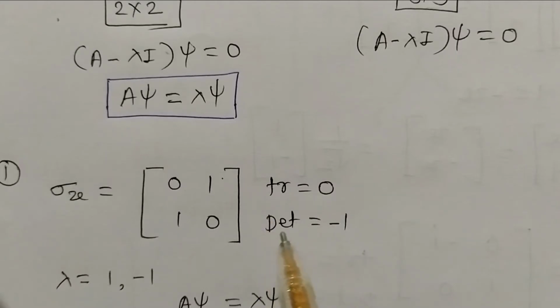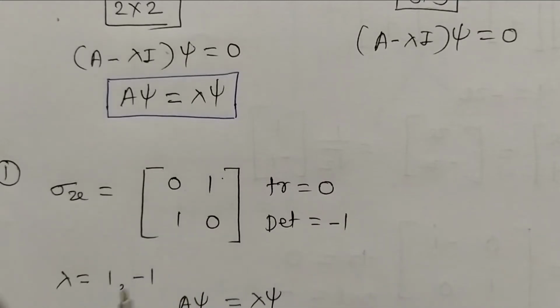So the eigenvalues of this matrix are 1 and minus 1. The trace is the addition of the eigenvalues, and the determinant is the multiplication of the eigenvalues. So we have to find numbers whose addition is 0 and whose multiplication is minus 1.